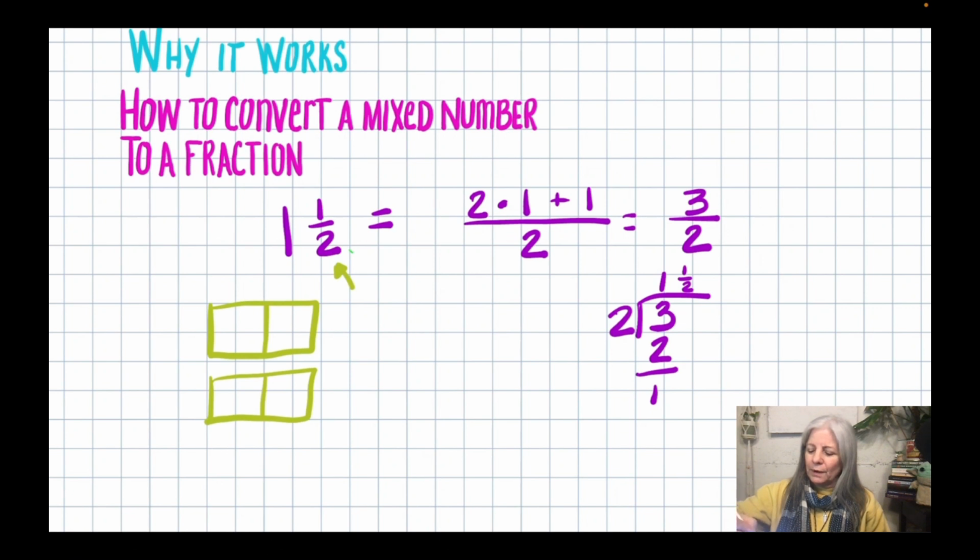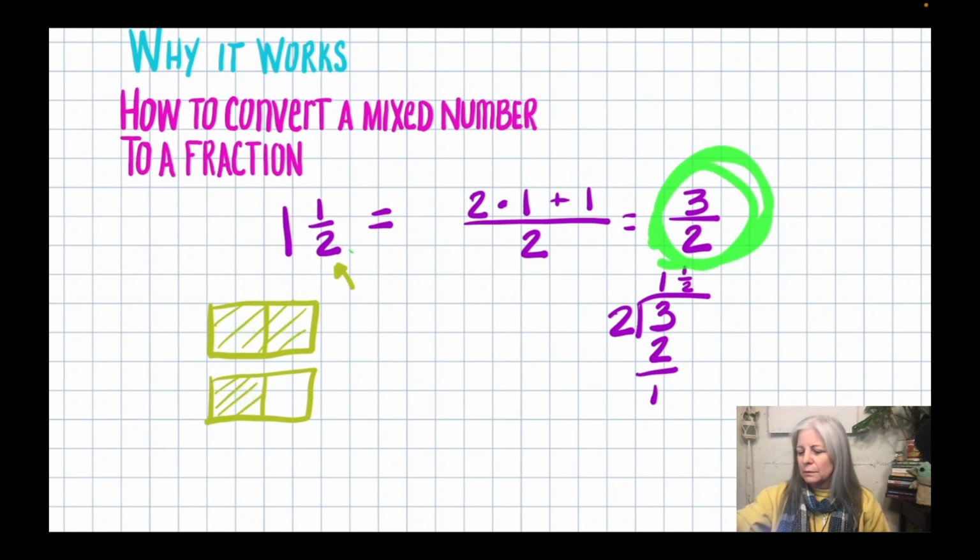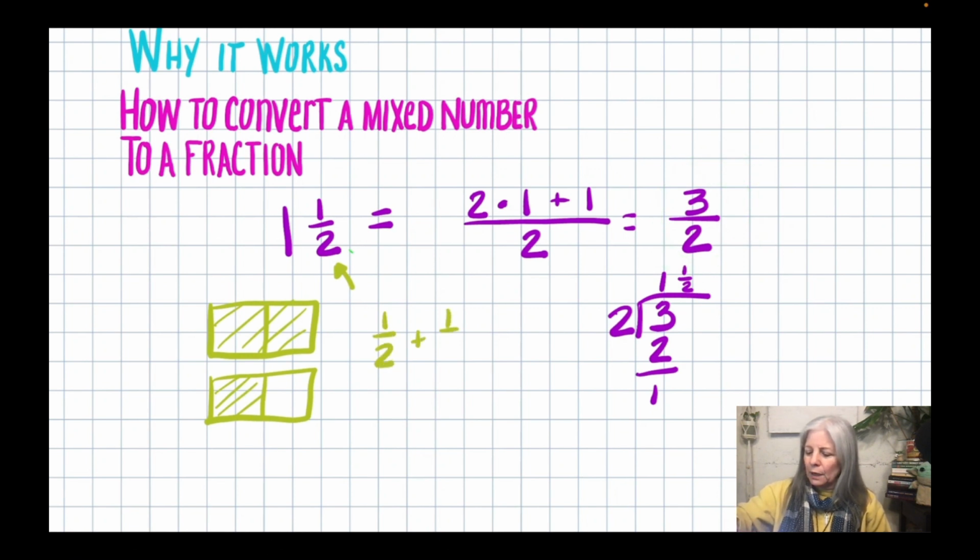All right, so I've got one whole here, and then I've got a half right here. Now I can see that I have 1, 2, 3 halves, which is what we got right here, right? So I can say 1/2 plus 1/2 plus 1/2, and I end up with 3 halves. So if you get stuck, this is something that you can do.